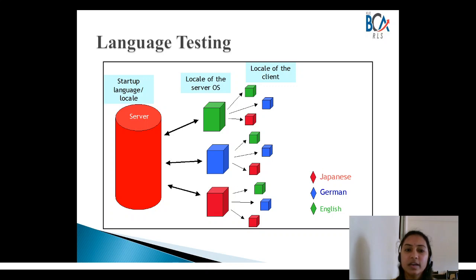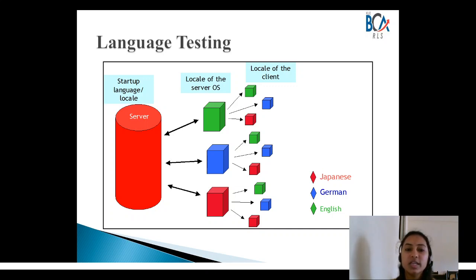As in the diagram you can see, for language testing one of the European languages is selected and its accent is represented with the character, and one language for the double byte representation, and one default language, which is English. So the colored figure you can see.